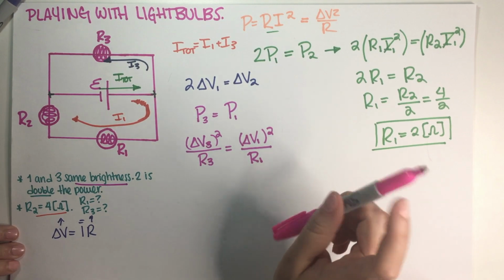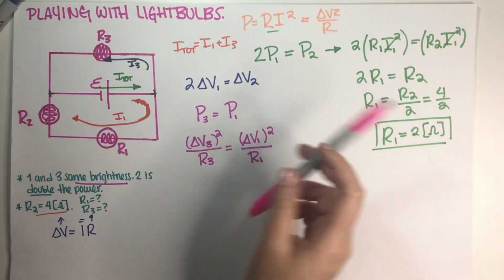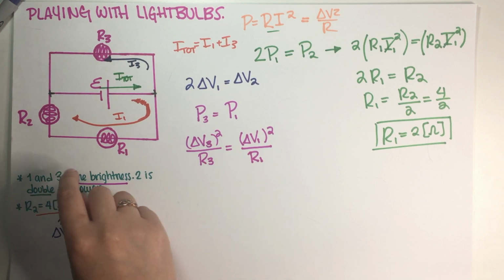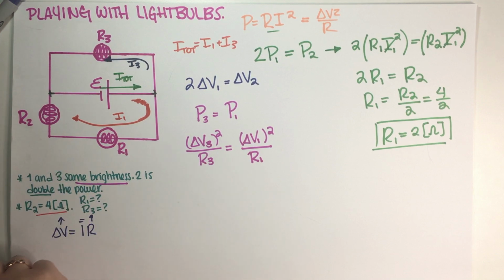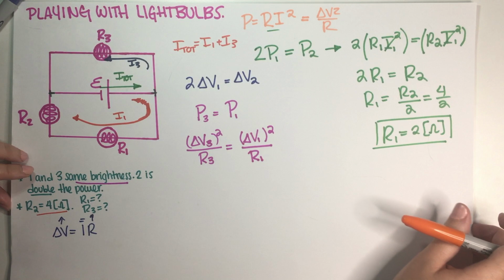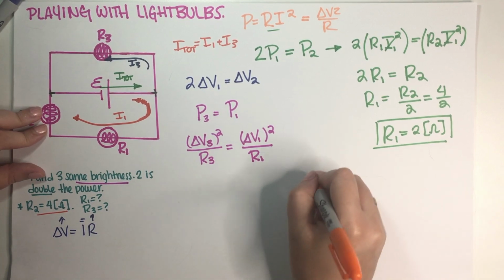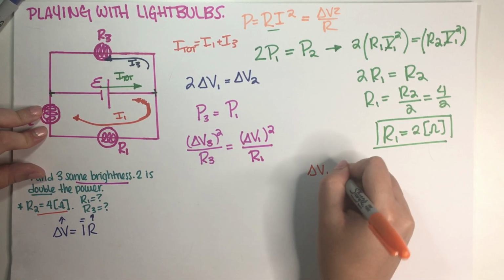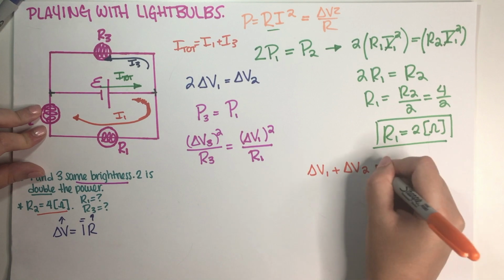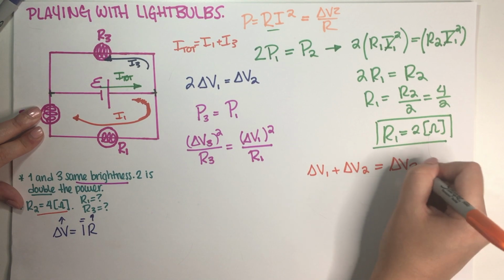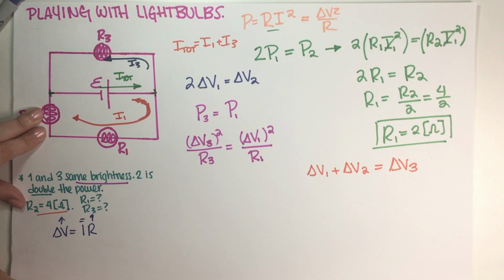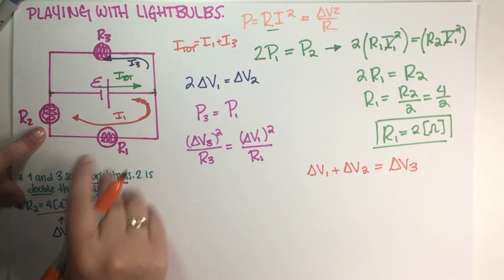Now, the way in which they connect to each other is, if you use the loop rule, you can see that delta V1 plus delta V2 has to be equal to delta V3. And this is how they connect. Well, how do I know?